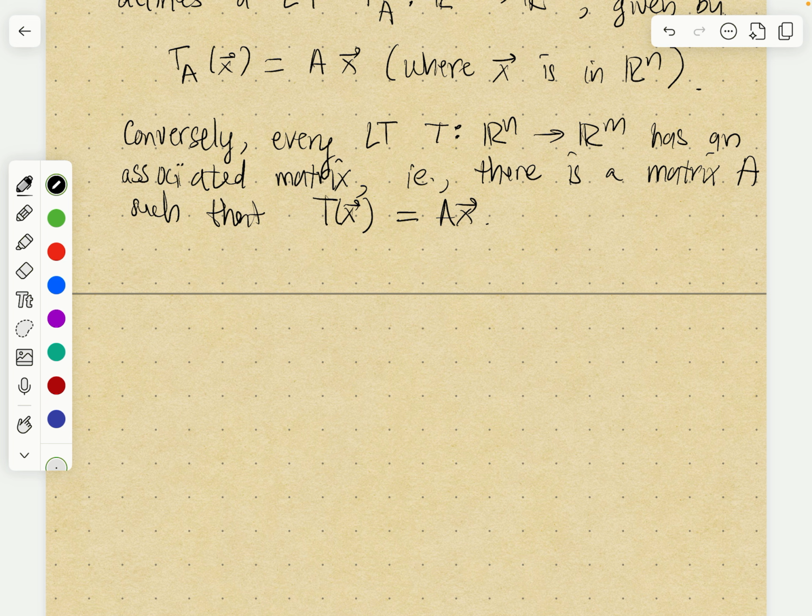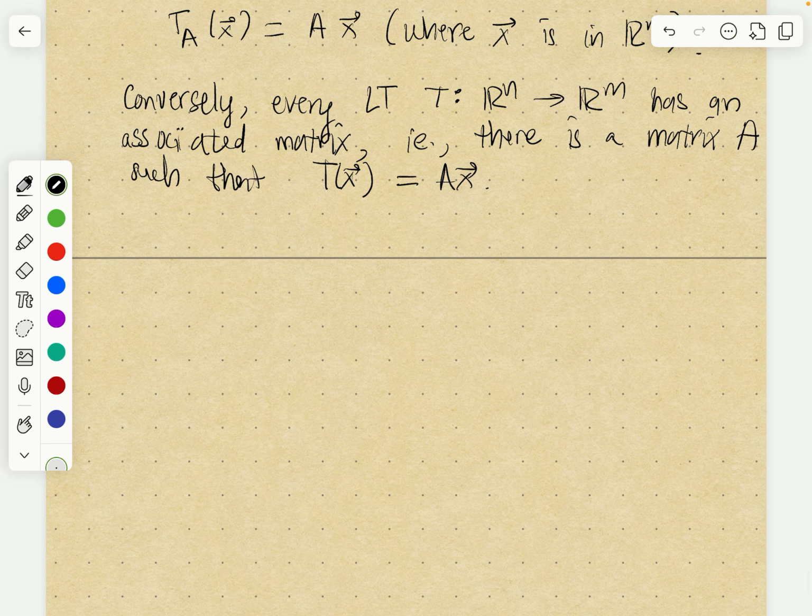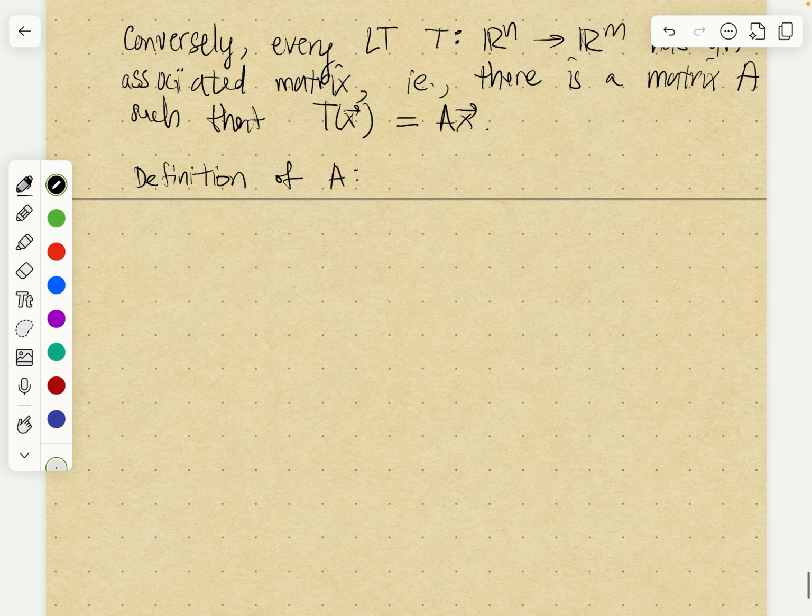And so how do we, okay, let's back that statement up. What is the matrix A? First of all, I think I introduced these vectors, but if you have E sub 1 through E sub n, these are called the standard basis vectors in Rn.